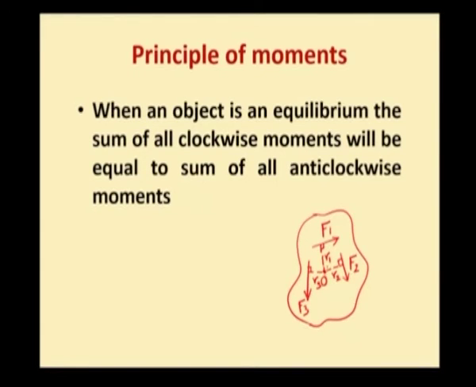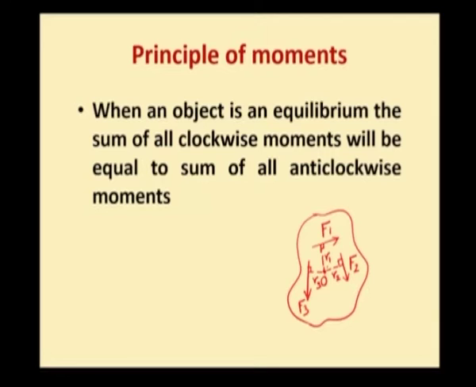Now, according to the principle of equilibrium, here this object is subject to 3 forces, and if this object is in equilibrium, then algebraic sum of all clockwise moments about O will be equal to algebraic sum of all anti-clockwise moments.